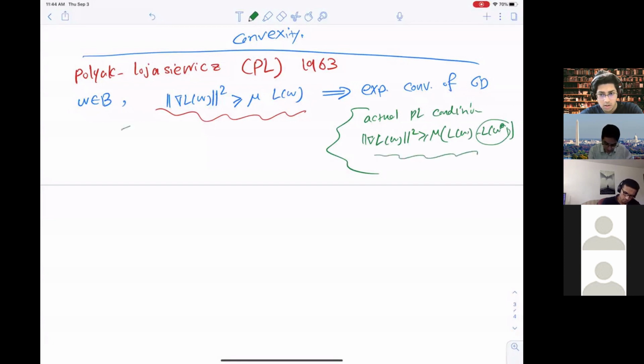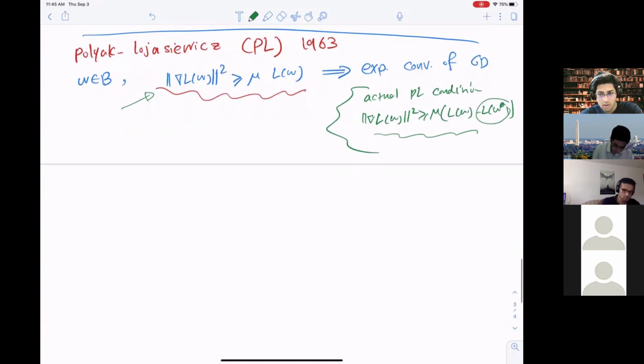But if I could satisfy this PL star condition, a small variation of the PL condition, you can immediately see that it will satisfy the actual PL condition as well, and we will be able to prove the convergence. So therefore, we are going to only focus on this condition that we have here.